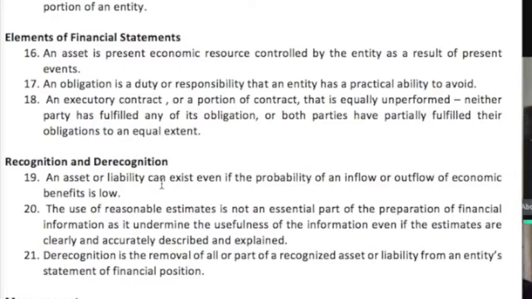We cannot completely forgo the use of assumptions and estimates, class. It is clearly stated in the framework, and I believe it is sufficiently discussed in our discussions. The fact that it says that the use of estimates is not essential, then that is already wrong. Use of estimates does not undermine the usefulness of the information. So number 20 is false.